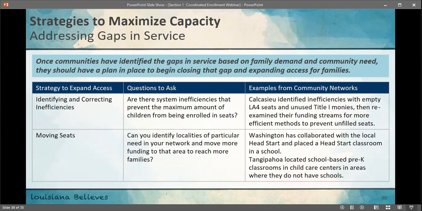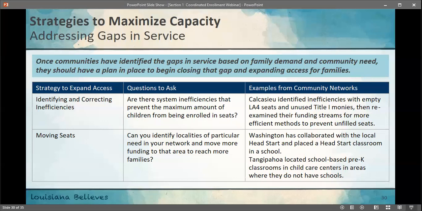Then they re-examined their funding streams for more efficient methods to prevent unfilled seats. So they identified that LA4 seats were going unfilled while they were maxing out on other funding streams. So they were able to restructure their funding such that they were maxing out those LA4 seats and making sure that every dollar was being spent.